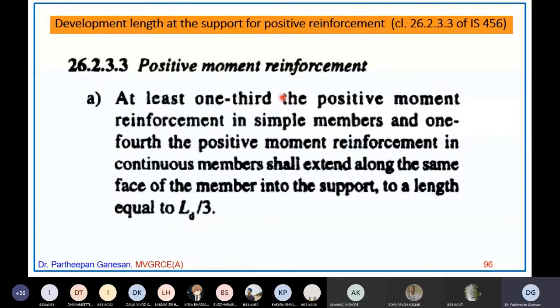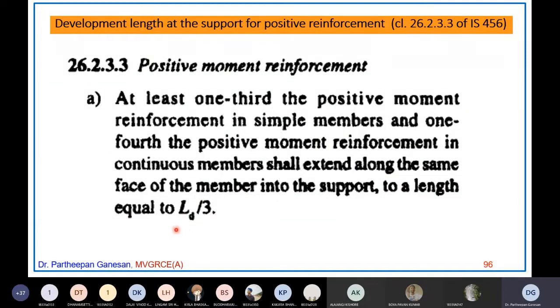So the last one, development length and support for a positive reinforcement. It is given in the code, I have copied and pasted it here. At least 1/3 the positive moment reinforcement in simple members and 1/4 the positive moment reinforcement in continuous members shall extend along the same face of the member into the support to a length of Ld/3.